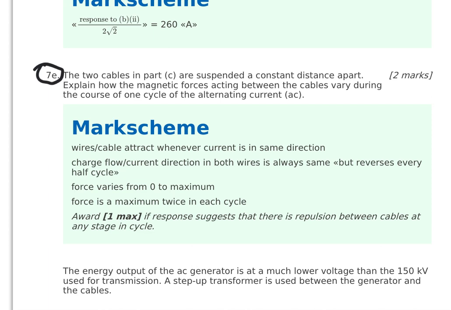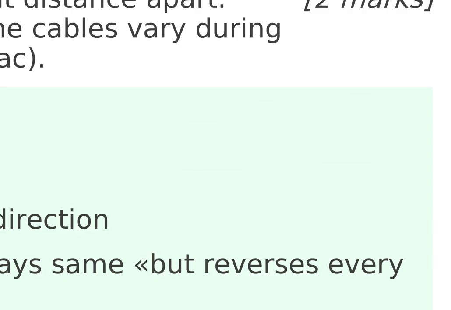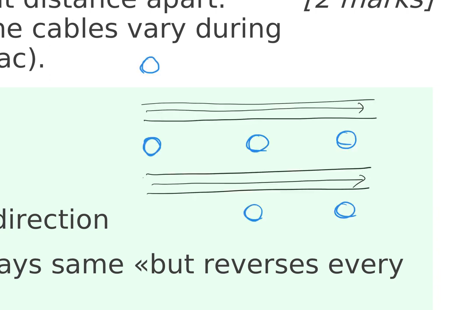Let's take a look at why that's true. 2 different wires. Say the current flow is going from left to right for both of them. The blue circles I just drew are going to be the magnetic field for the first wire. And because of the right-hand rule of magnetic field curling around the wire, if the current is moving to the right, then up here the magnetic field is coming out of the page, and down here the magnetic field is curling into the page.